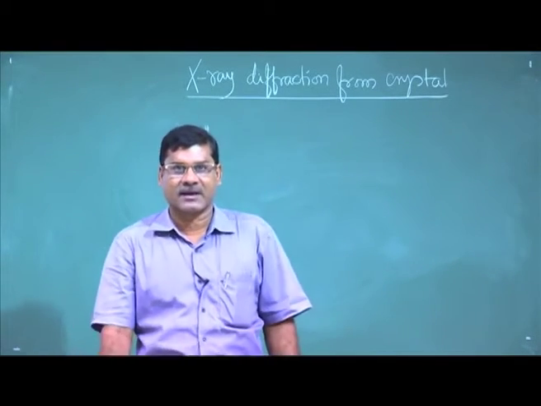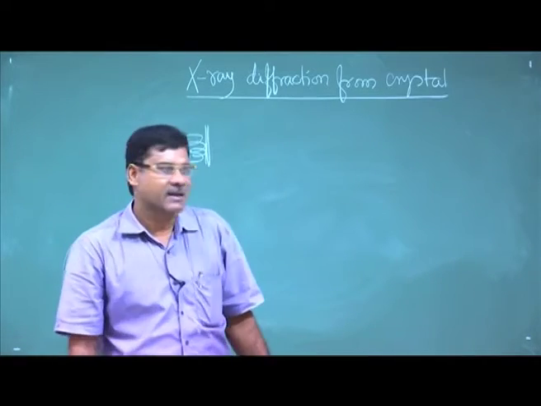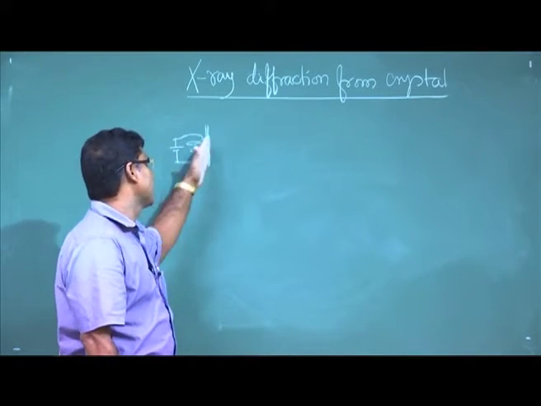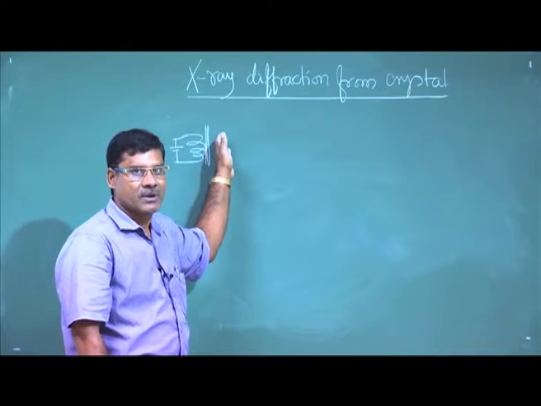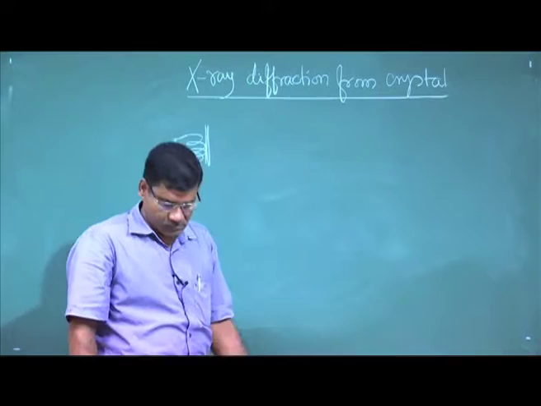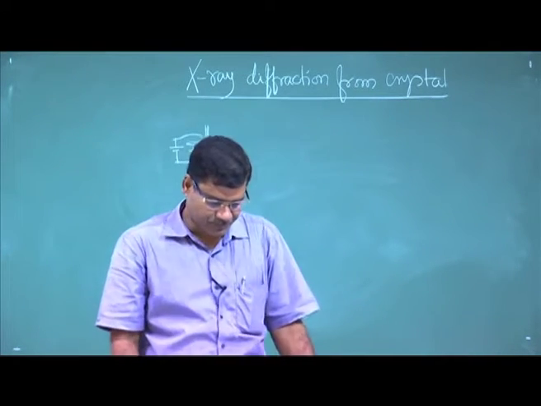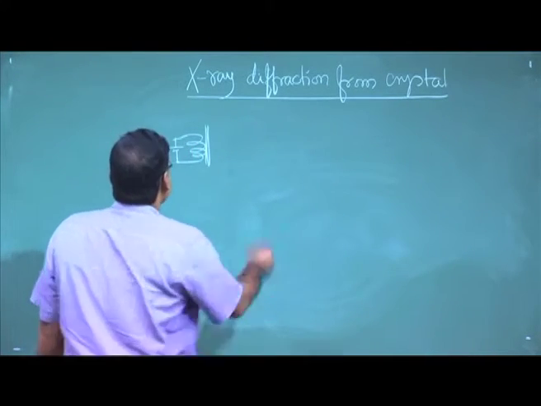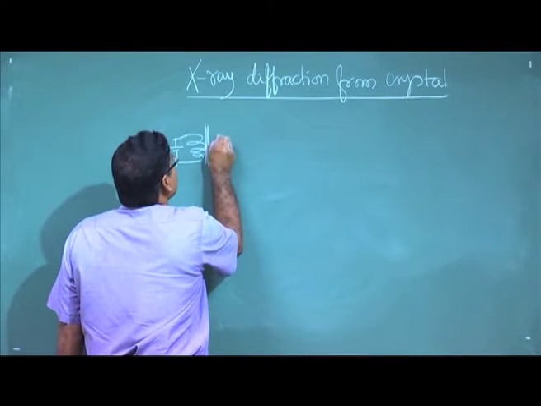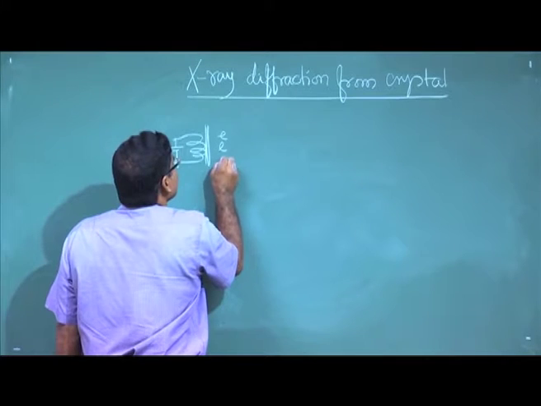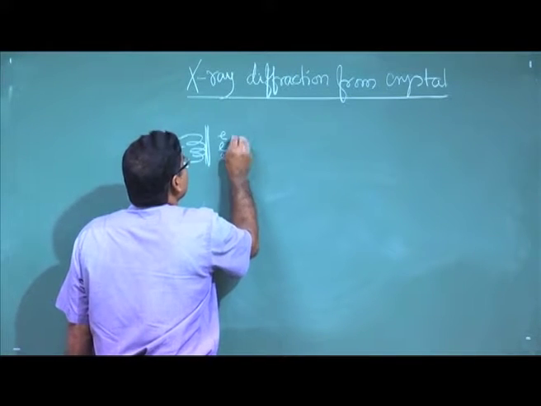So, we call it cathode. Basically this filament heats this cathode material, okay, which emits electrons. So, from this cathode, electrons will be emitted.